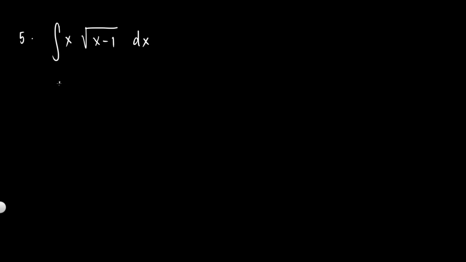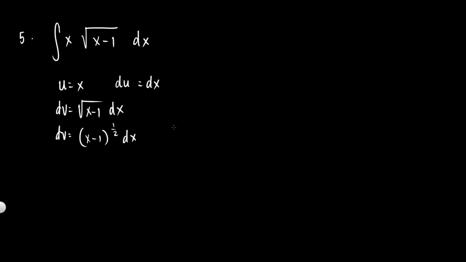So we let u equals x, du equals dx. dv is square root of x minus 1 dx, or this is equal to x minus 1 raised to 1/2 dx. And if we integrate this, v is equal to the integral of x minus 1 raised to 1/2 dx. It's just our formula, no?